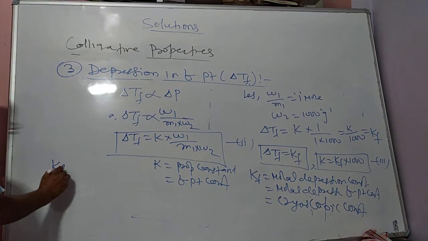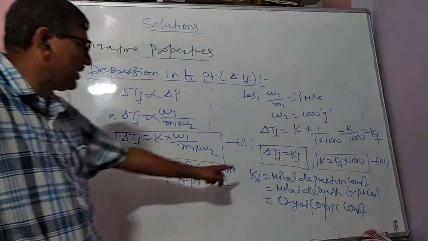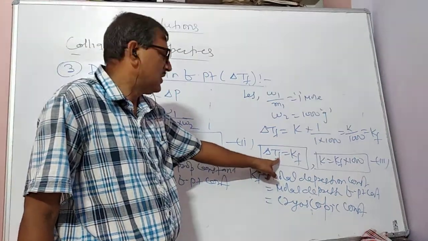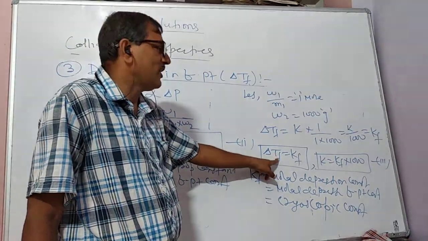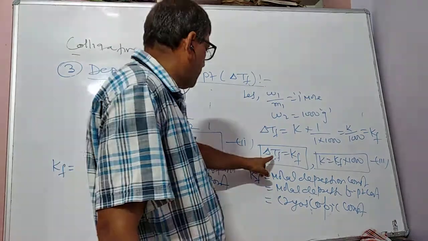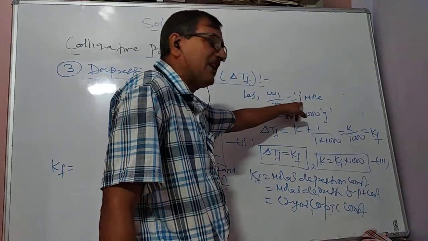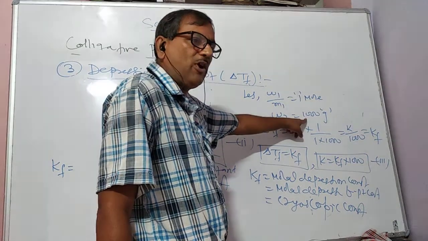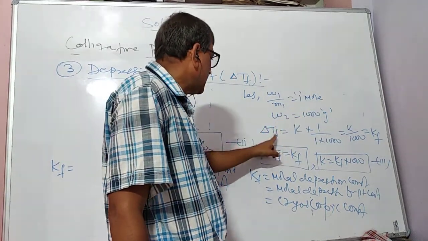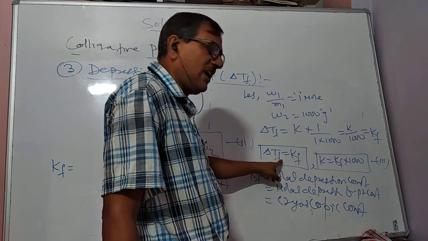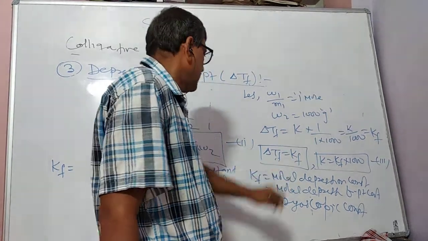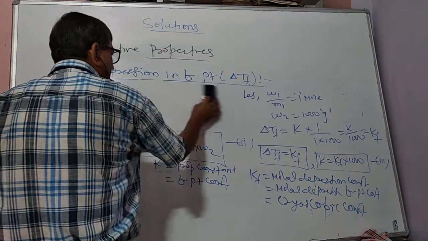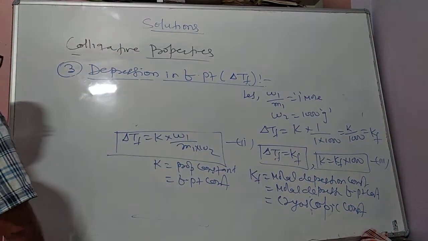According to this equation, Kf is equal to delta Tf, the depression in freezing point, if we take a solution containing 1 mole of a non-volatile solute in 1000 gram of volatile solvent. So then we define Kf.